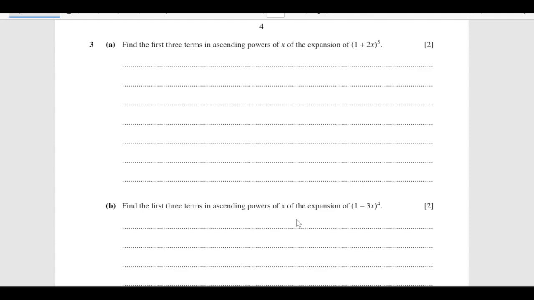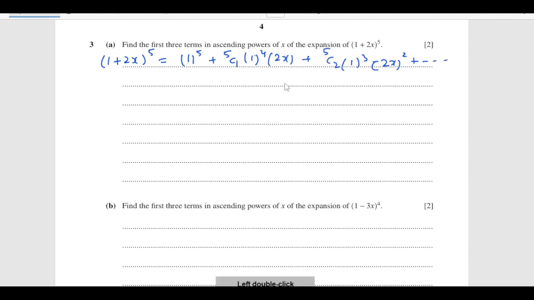I will always suggest you to use the binomial theorem, but for smaller powers we can use Pascal's triangle also, and to make it uniform we can just use Pascal's. So the first one is going to be 1 power 5, then 5c1, 1 power 4 and 2x, then the third term is 5c2, 1 cubed and then (2x) power 2, right. We are just writing the first 3 terms.